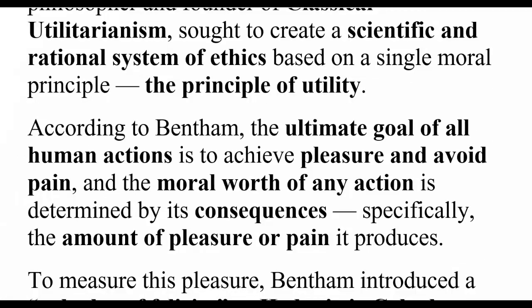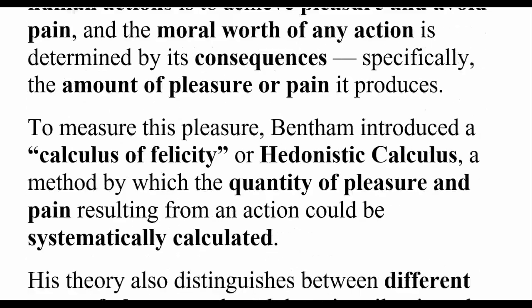According to Bentham, the ultimate goal of all human actions is to achieve pleasure and avoid pain, and the moral worth of any action is determined by its consequences, specifically the amount of pleasure or pain it produces.